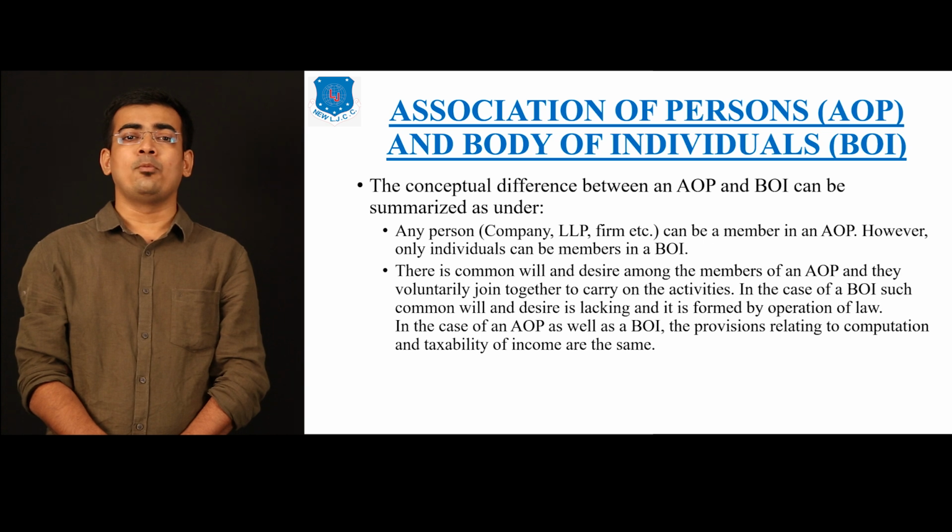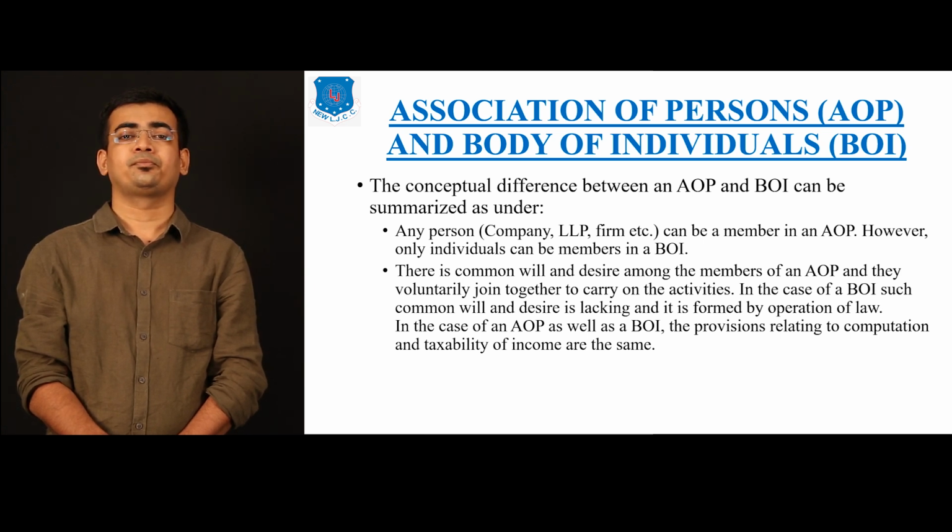There is common will and desire among the members of an AOP, and they voluntarily join together to carry on the activities. In the case of a BOI, such common will and desire is lacking, and it is formed by operation of law. In the case of an AOP as well as a BOI, the provisions relating to computation and taxability of income are the same.